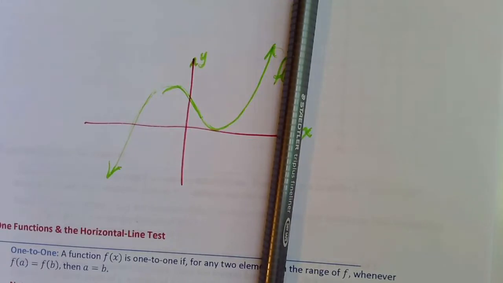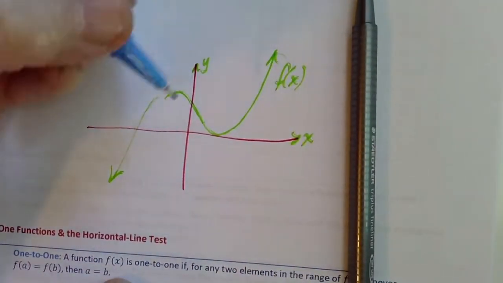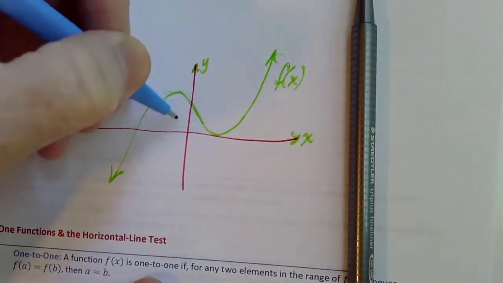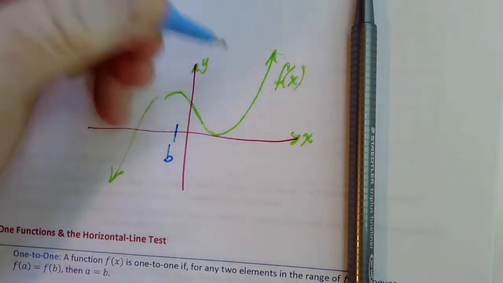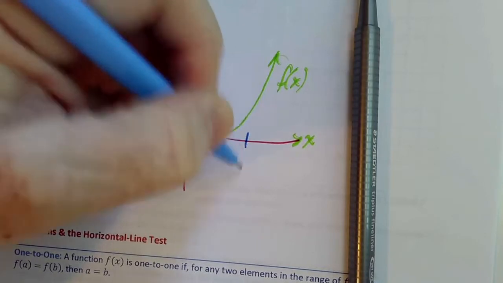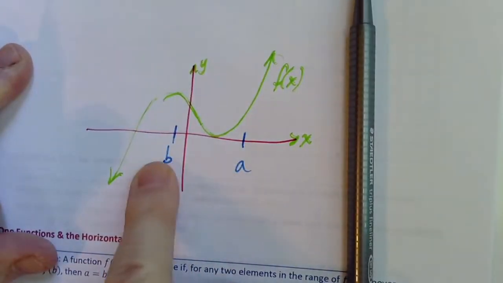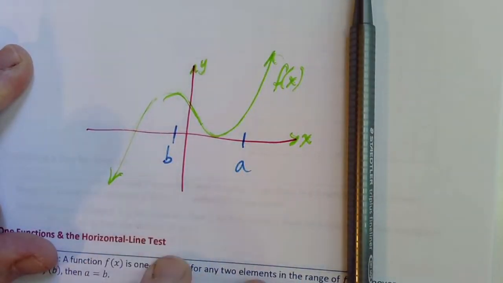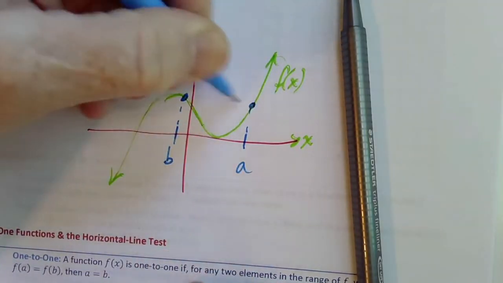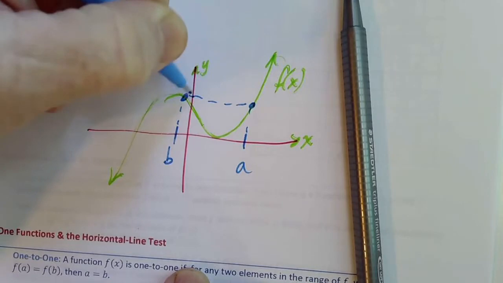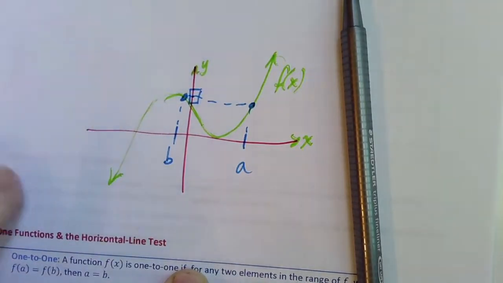But let's notice that if I let this value be b and this x, so these two are x values, and I'm going to trace up, and notice that they have the same y.